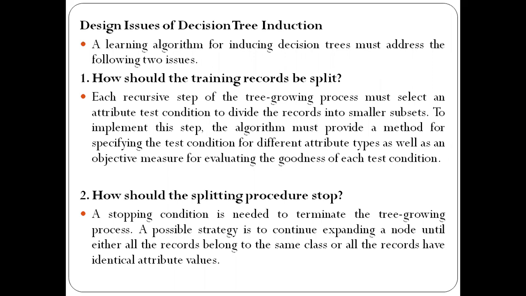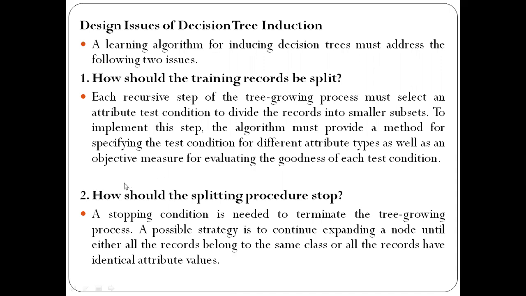While choosing these test conditions, we must have a method to choose the right test condition, and once we choose it, we must be able to decide whether the chosen test condition is good or not. So we must have a measure for evaluating the goodness of each of these test conditions. So this is the first design issue.